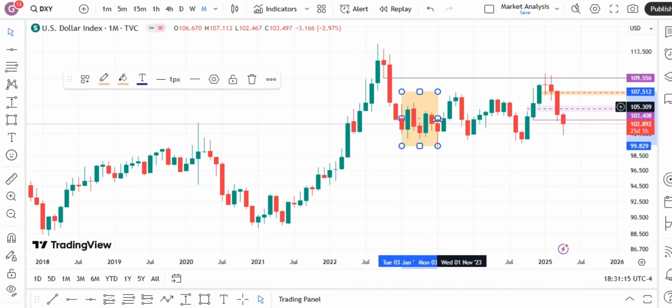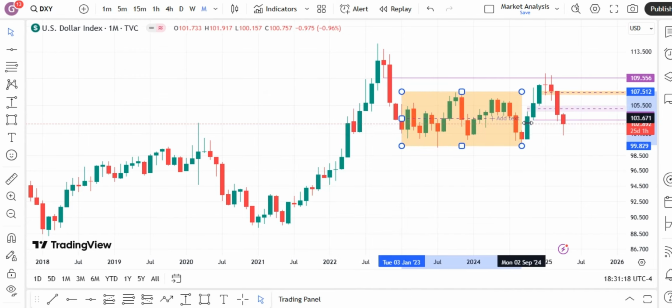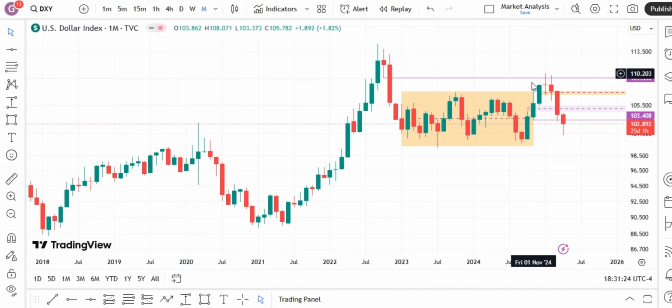So this can be interpreted as consolidation. All these here can be interpreted as consolidation. We have here the manipulation to the upside, and here the manipulation to the upside. So if it breaks below this order block, the weekly order block, and then below the FVG here, it will keep seeing movement to the downside.